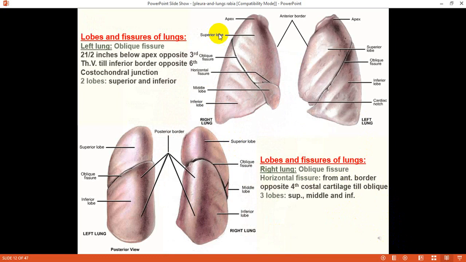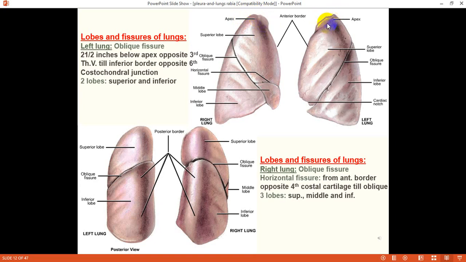The apex of both lungs is blunt and directed upwards, and it lies 2 to 3 centimeter above the medial 1/3 of clavicle, covered by cervical part of parietal pleura and suprapleural membrane, and is grooved anteromedially by the subclavian artery, which is crossing this region.